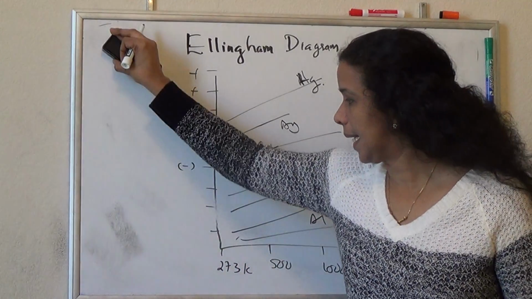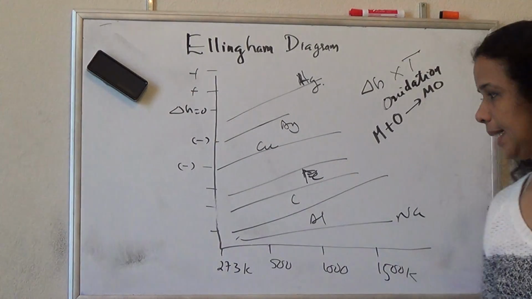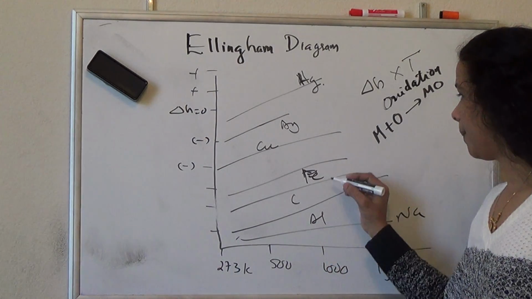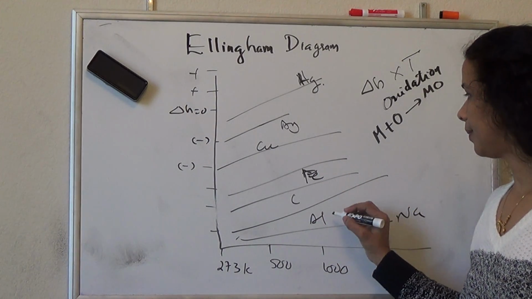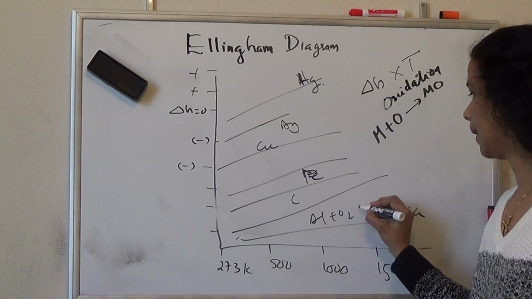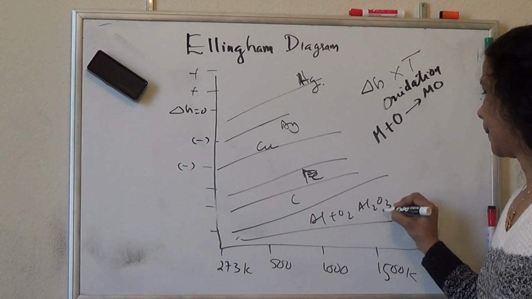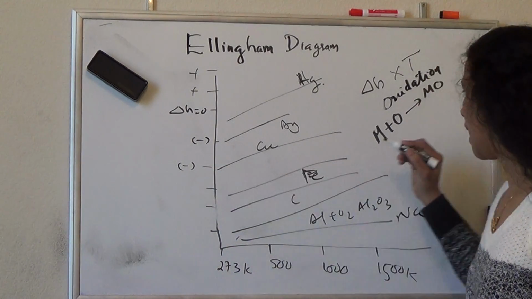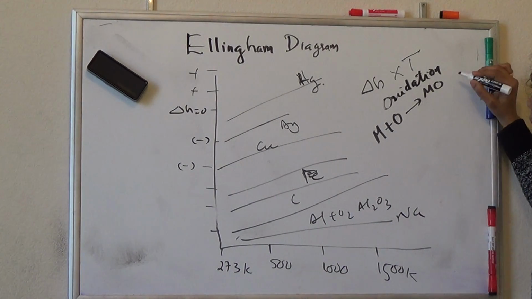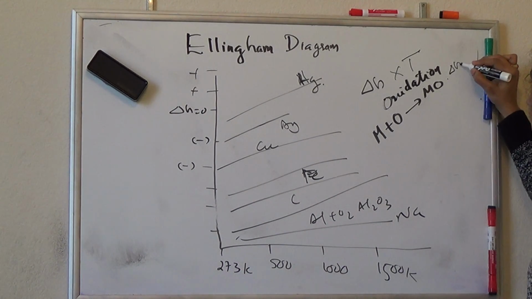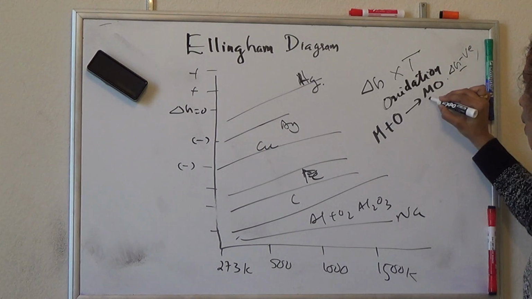So from this Ellingham diagram it is clear that most of the metals, this is for oxidation, most of the metals have negative value. Delta G is negative for oxidation.